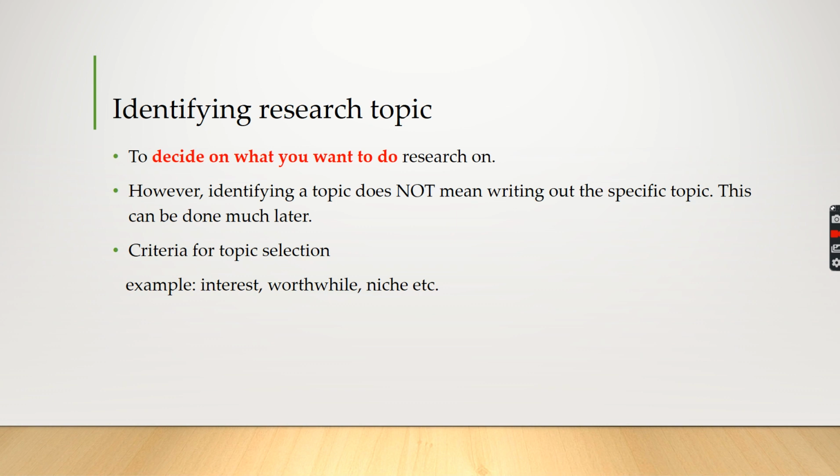It's also the most important step. By identifying your research problem, also akin to the research topic, it will help to tell you and your potential readers the destination or your intention of your research. Mostly the criteria for topic selection comes from your personal interest, whether it's worthy or something very niche.